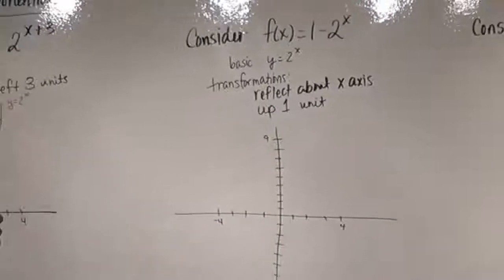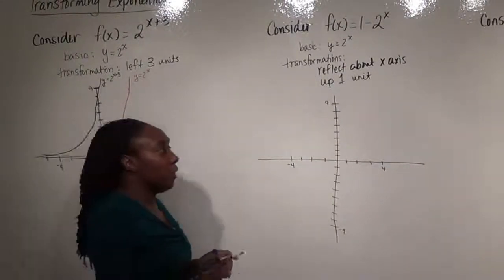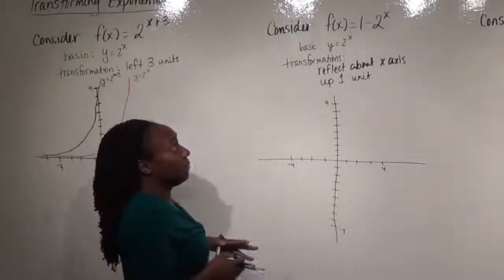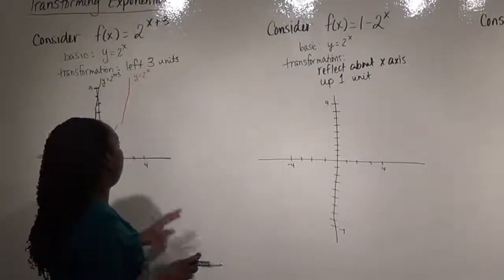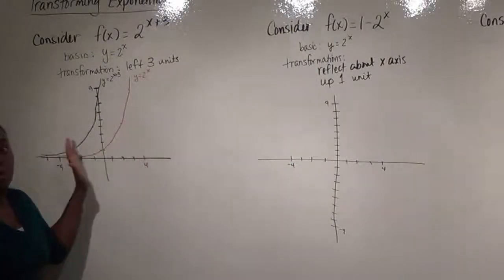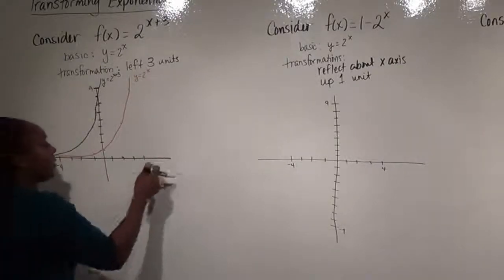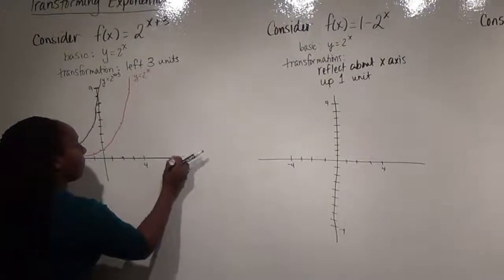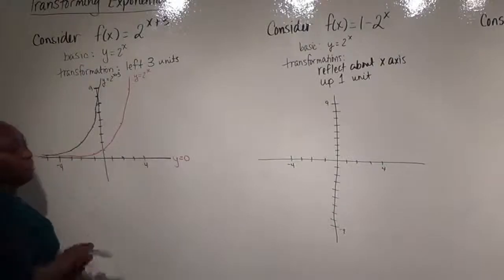So a couple of things to keep in mind here. If you remember your domain and range and your asymptote, those things are also going to be affected whenever I've got vertical transformations. In this last case, because it was just a horizontal transformation, one thing to notice is that horizontal asymptote, that was at y equals 0, hasn't moved when I shift left and right.